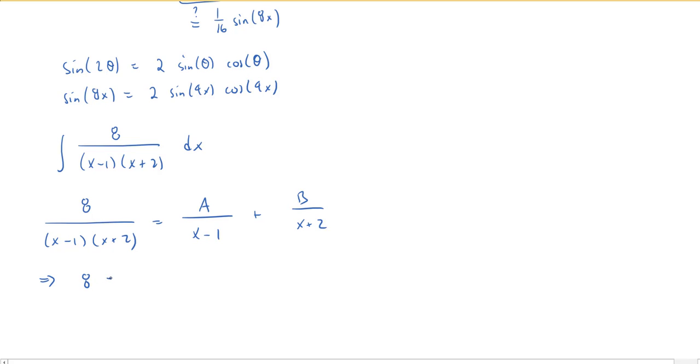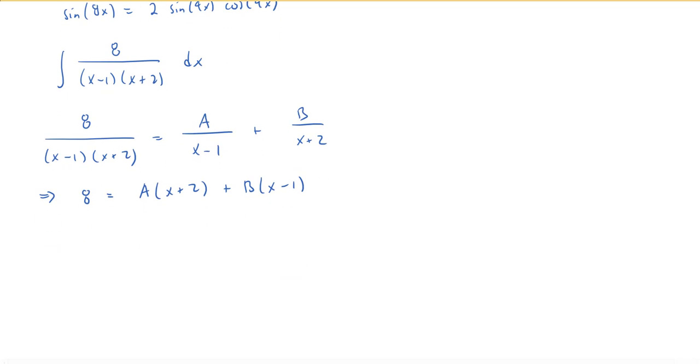we're going to have 8 is equal to A times x plus 2 plus B times x minus 1. And now if I make x equal to -2, which, remember, we're not really making it equal to it, we're actually taking a limit as x approaches it. But we could basically treat it in this case like we're setting it equal to -2.